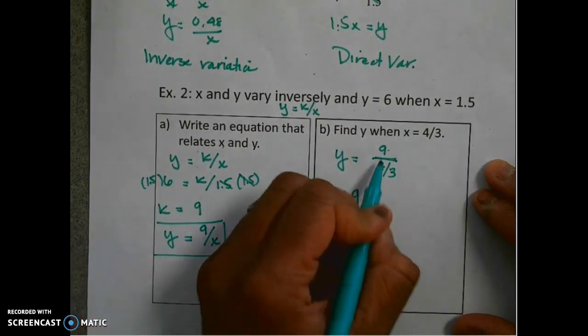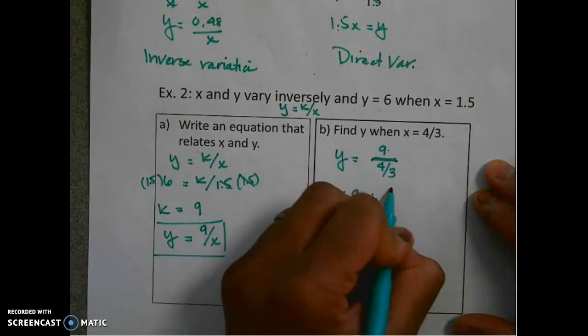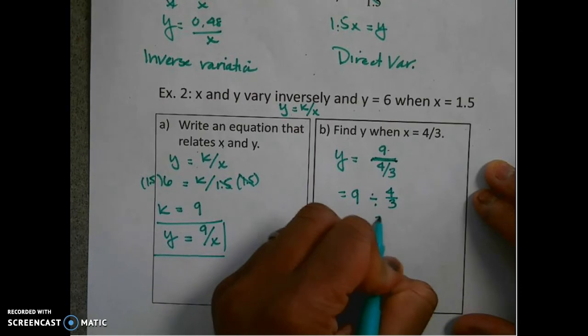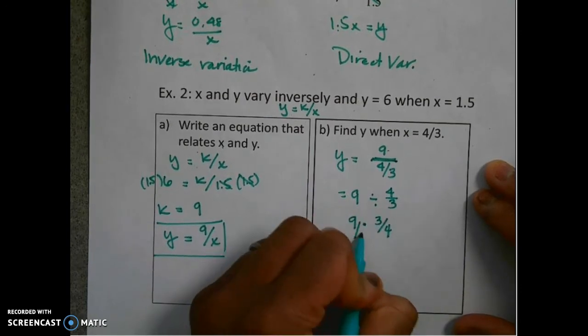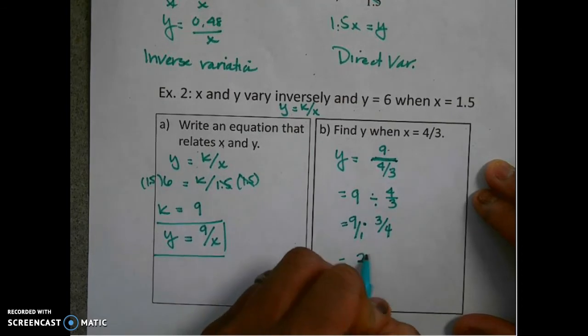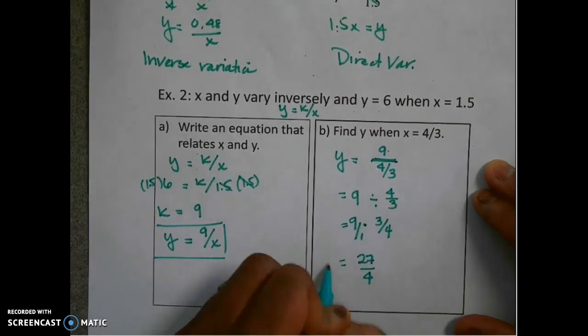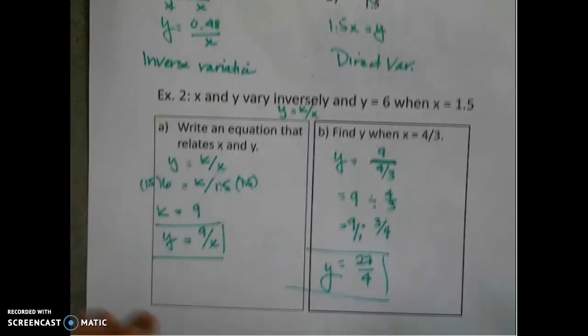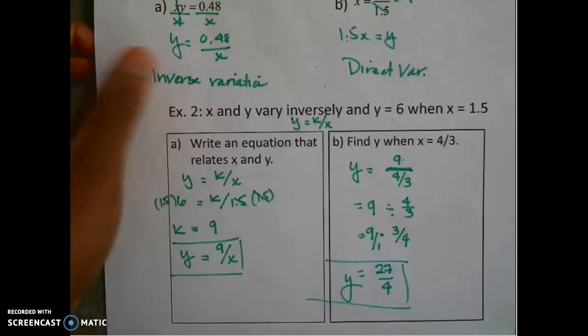So this is like saying 9 divided by 4/3. So I'm going to multiply by the reciprocal. And nothing cancels out as I might have anticipated it would. So I'm going to multiply straight across and get 27/4. Improper fractions are absolutely fine for us. Like it? I knew that you would.